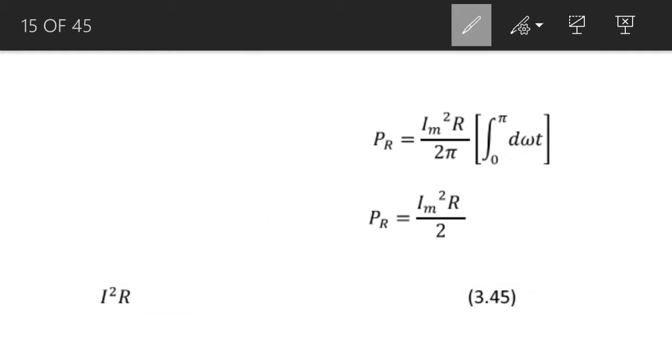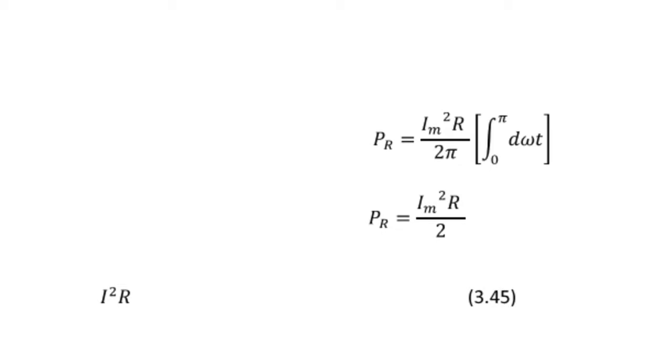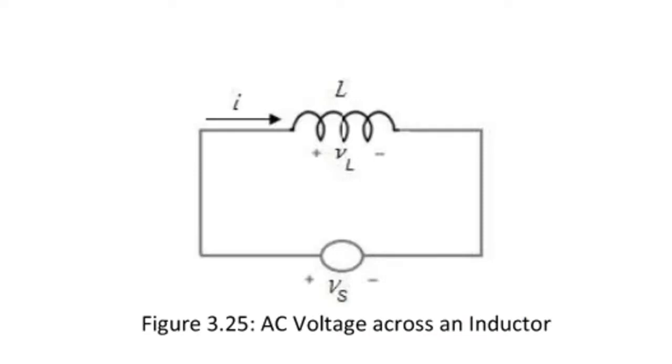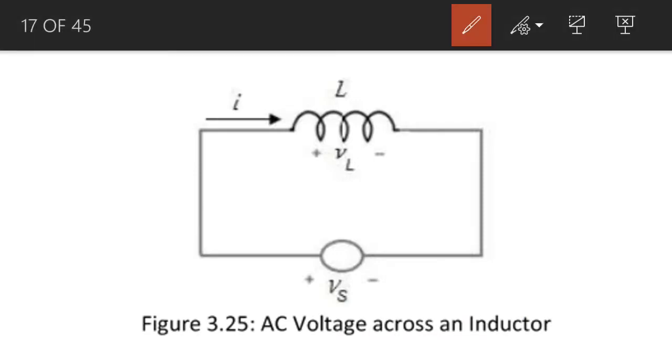Let us consider AC voltage across an inductor. So we apply an AC voltage across an inductor. There will be an AC current in the inductor, and this current results in an AC voltage drop across the inductor.